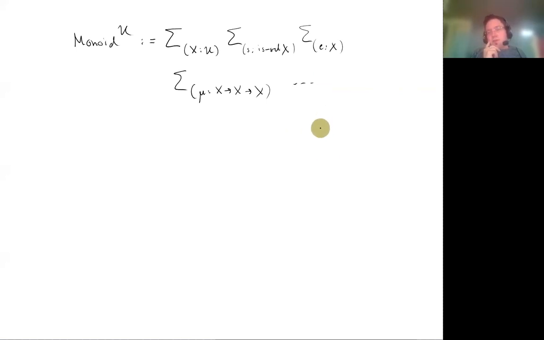You can imagine that we want to have a good handle on when two monoids can be identified. If you just stare at it, it is this big iterated sigma type. But with this theorem, we know we can do it step by step. First, I need an identification of the underlying sets, which is a bijection, the same as an equivalence in that case. Then, relative to that, we have to transport, but transporting an element just means applying the equivalence.